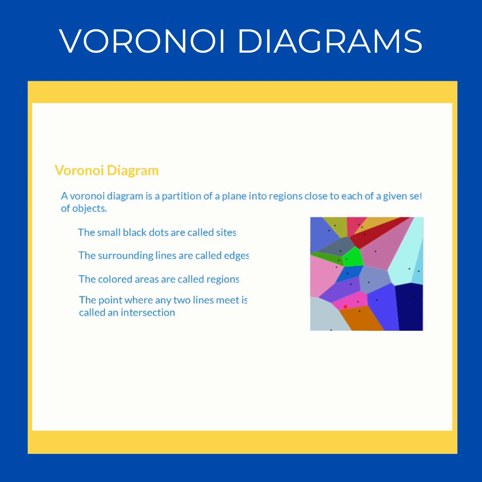Again, the small black dots are called sites, the surrounding lines are called edges, and the colored areas are called regions. And the point where any two lines meet is called an intersection.